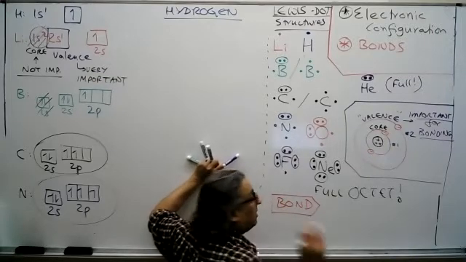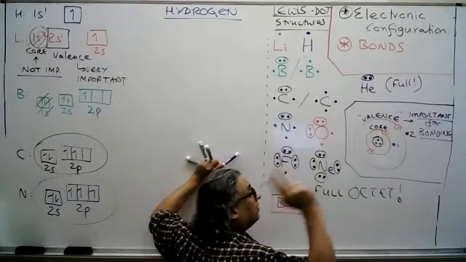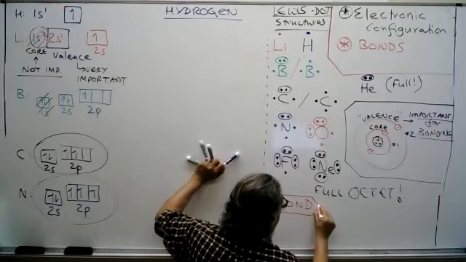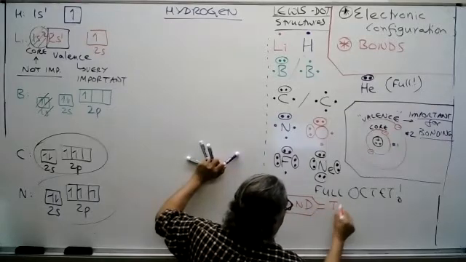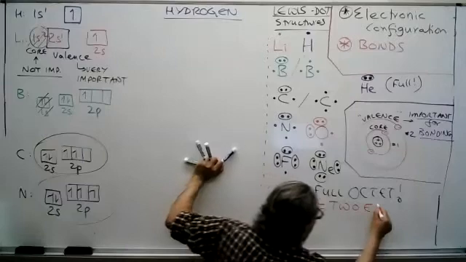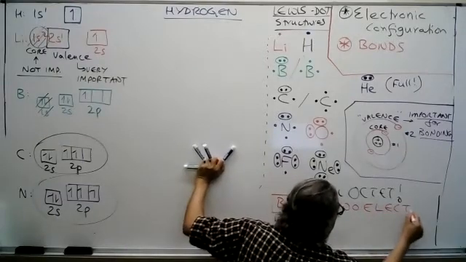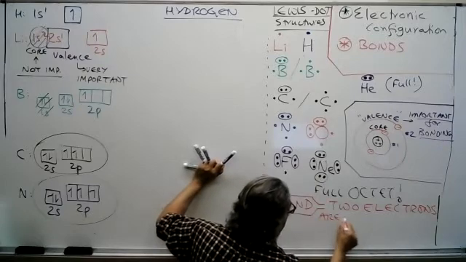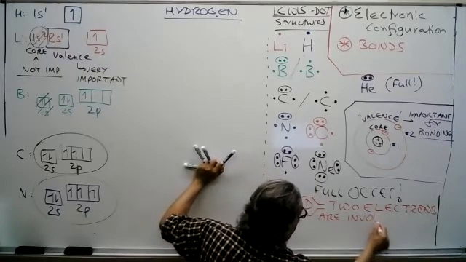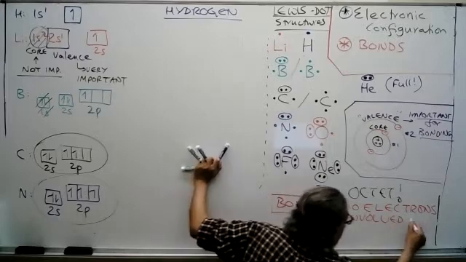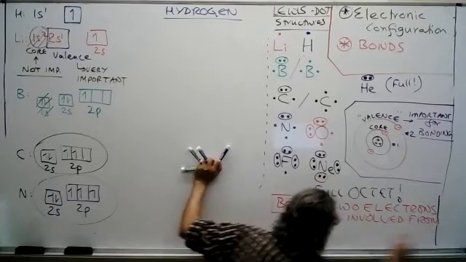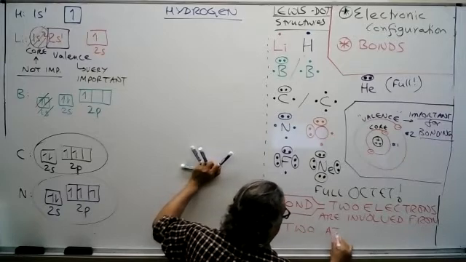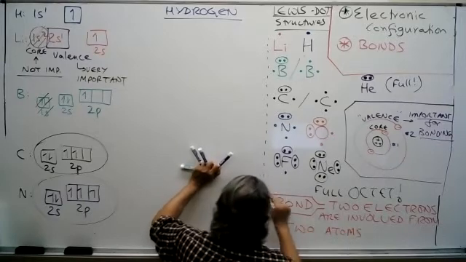A chemical bond uses 2 electrons from either side. 2 electrons are involved from 2 atoms in the simple bond.